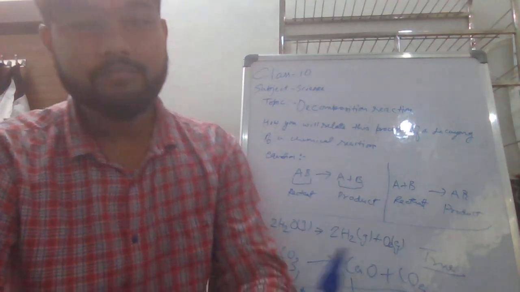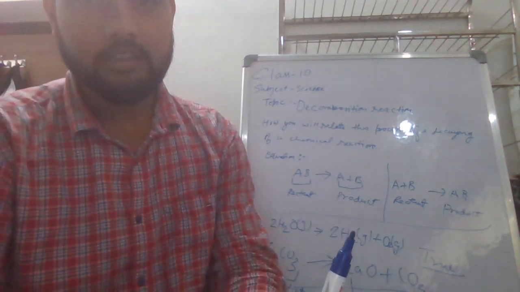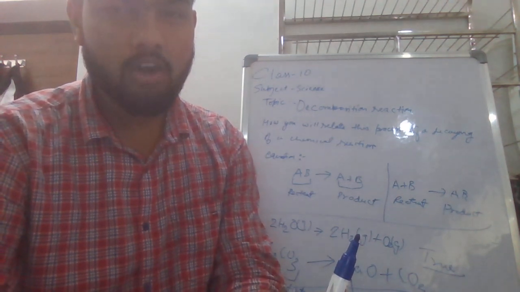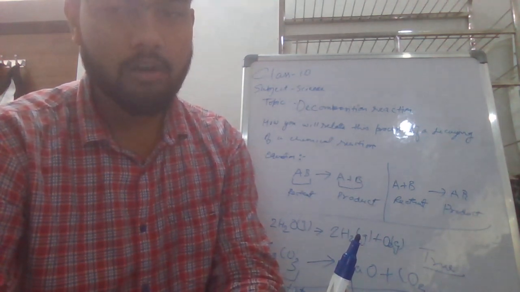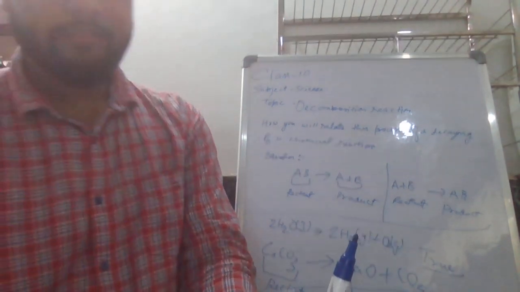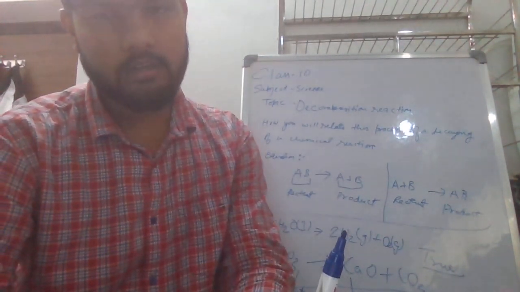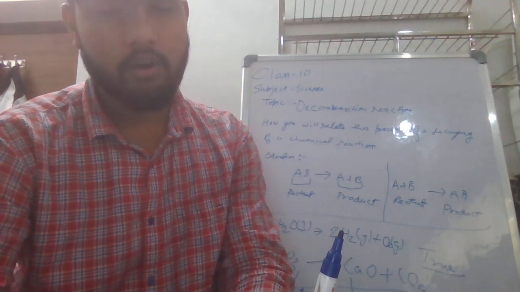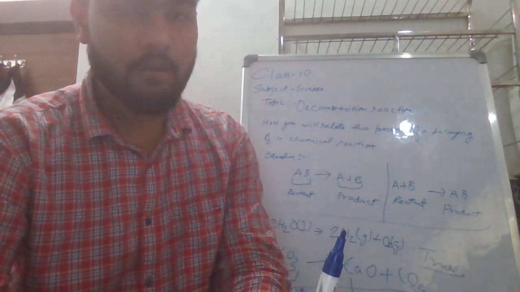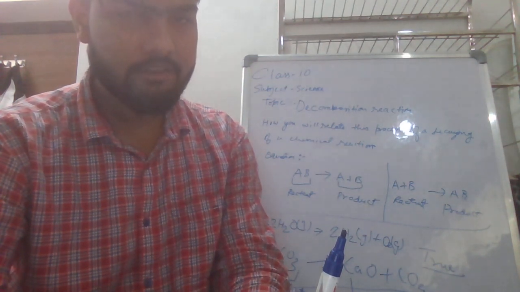So tell me, what is the use of the burner in this activity, and would the reaction happen without the burner? Here we need to use the burner to do the activity. Now we will come to know the concept of the thermal decomposition reaction.